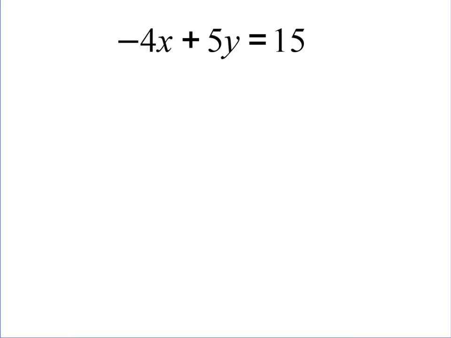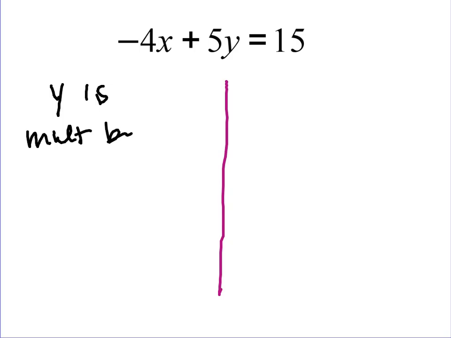Let's try that one more time. If I have -4x plus 5y equals 15, I'm going to take that in pieces. We're going to start with y, of course. What's happening to y? It's being multiplied by 5, by a positive 5.